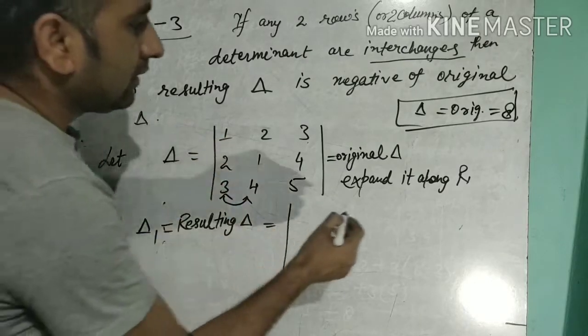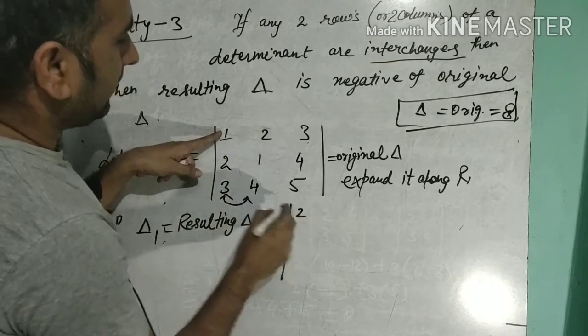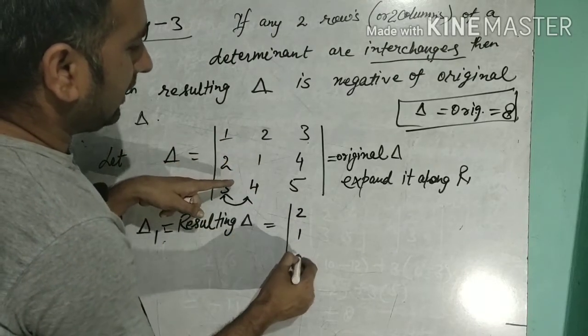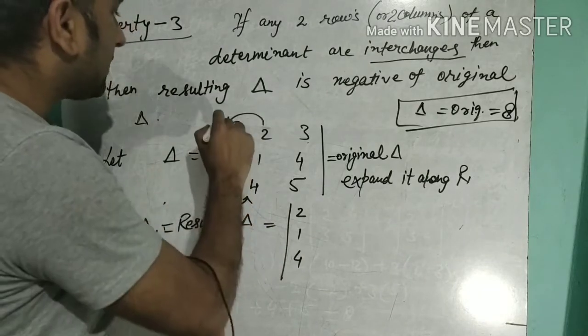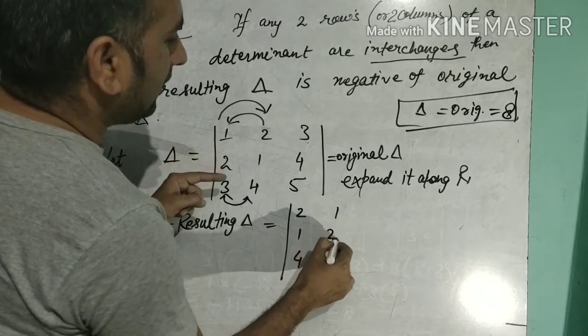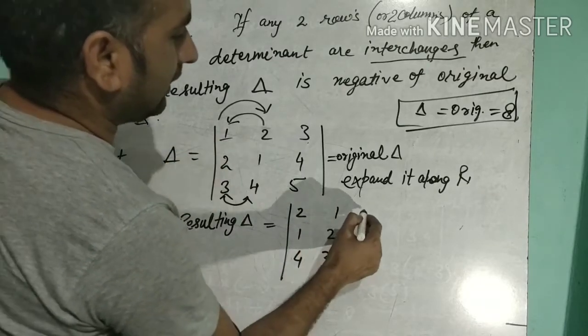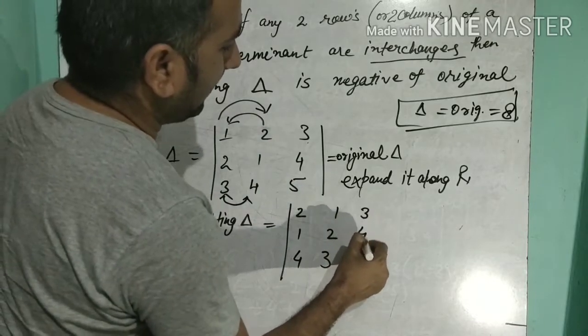Means C1 will be converted: here will be 2, here will be 1, and here will be 4. This column will take the place of the first, and the first column will take the place of the second. So it is 1 2 3, and there will be no effect on the third column. It will be 3 4 5.